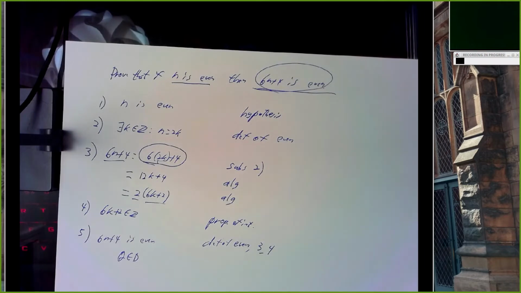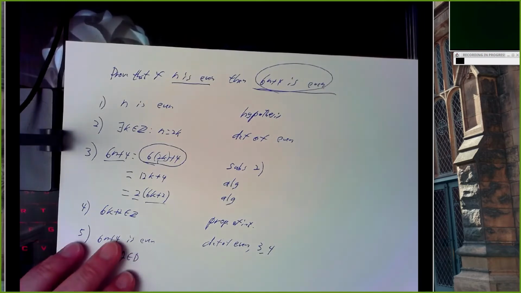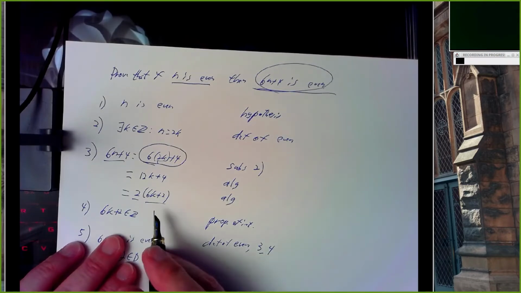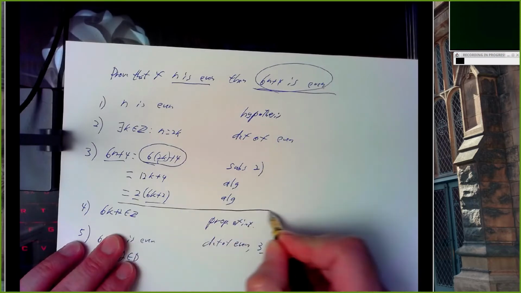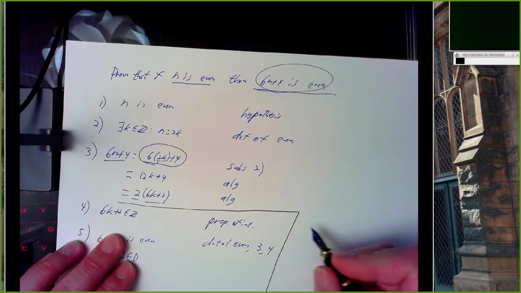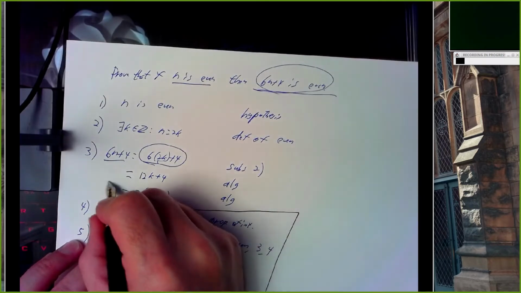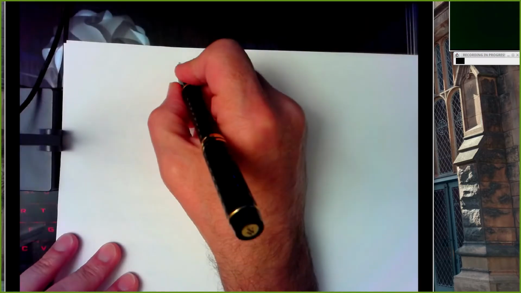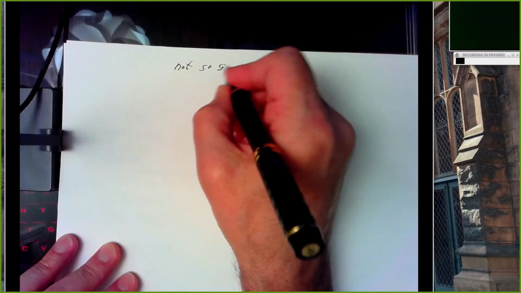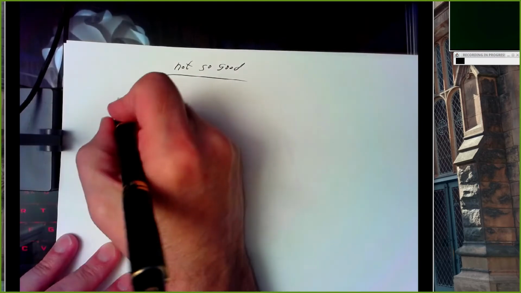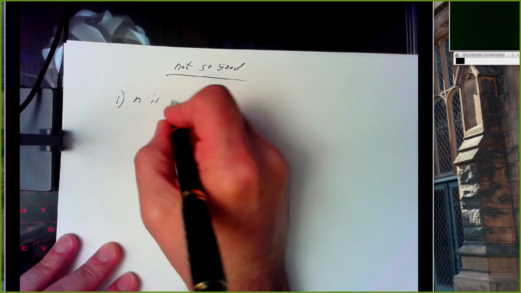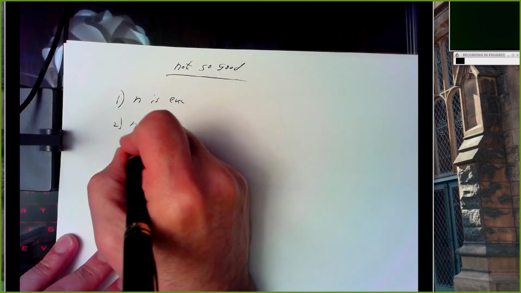All right, another issue that I saw a lot is getting down to something like, maybe you get down to here, well, let me call this not so good. So same thing we're trying to prove. So 1, n is even, n equals 2k.